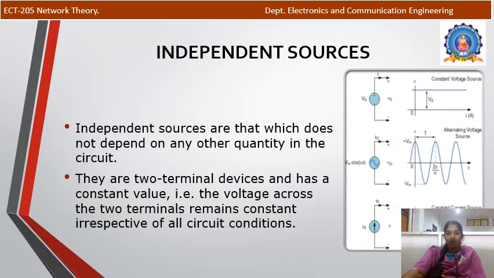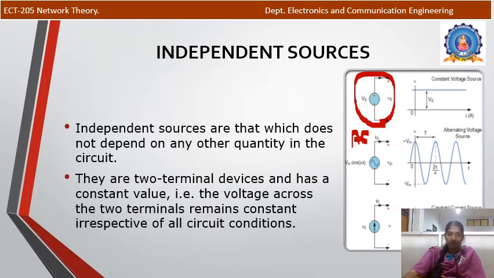This diagram shows the symbol for the independent voltage source. It gives a constant voltage V, whatever the current value. The second one is the AC voltage source, whose output voltage is a sinusoidal signal.